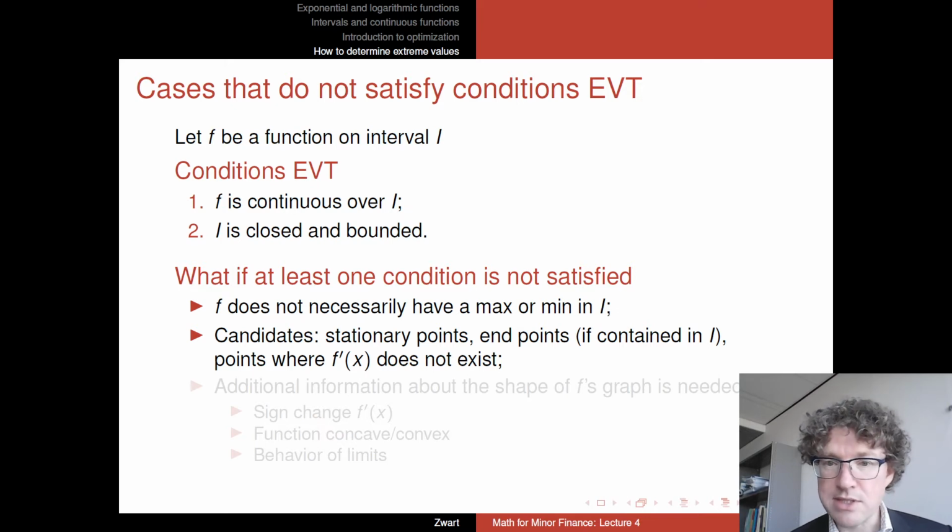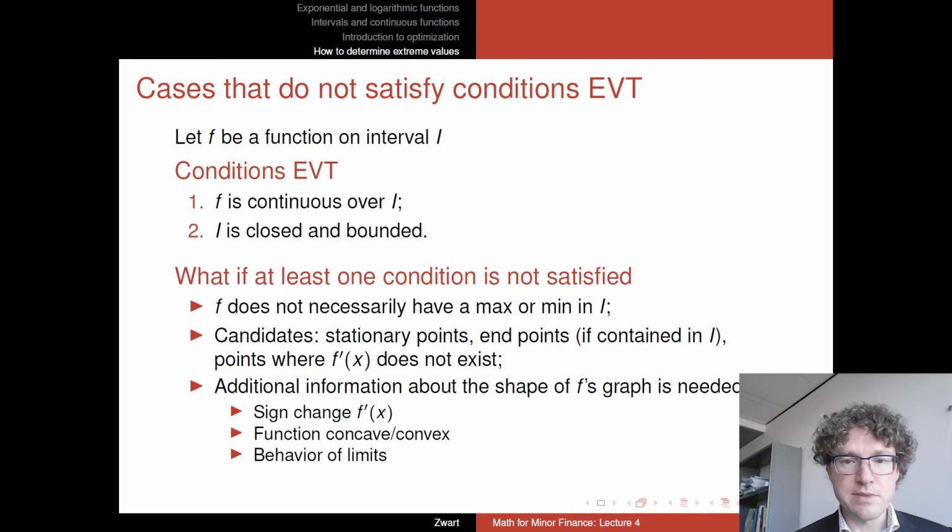What we can still do is check out the candidate points. The candidates are still the stationary points, the endpoints, if they are in the interval, and the points where f prime, the derivative, is not defined. So these kinks in the graph, if you wish. Now we can list them, but we cannot be sure without further exploration or further proof that there's either a maximum or a minimum at any of these candidate points.